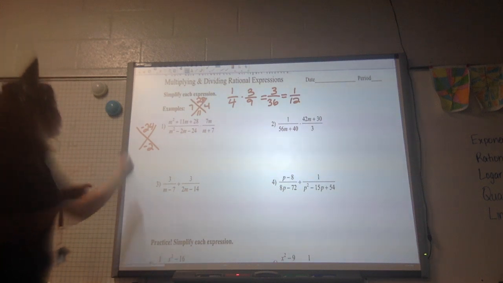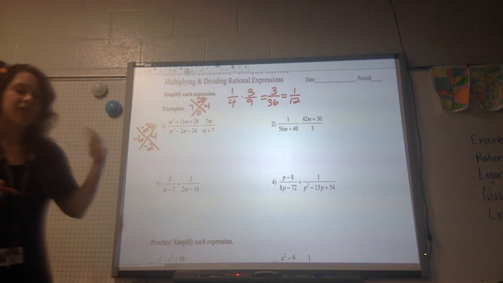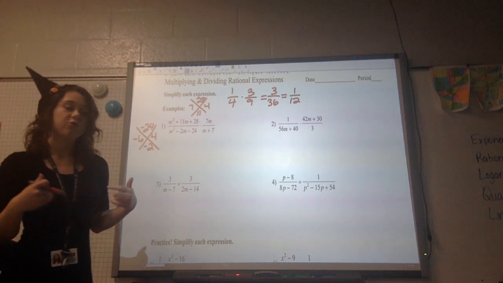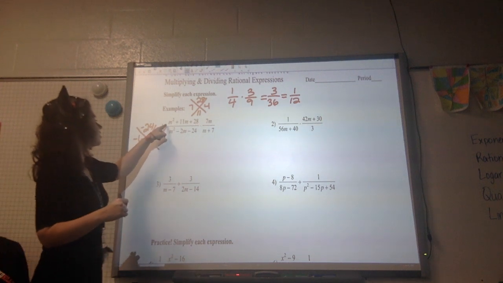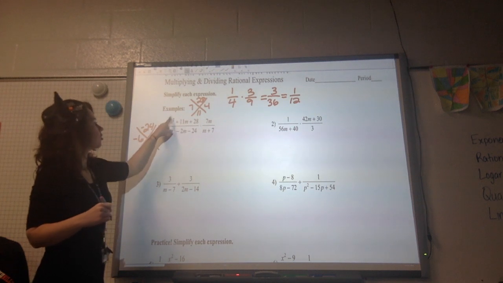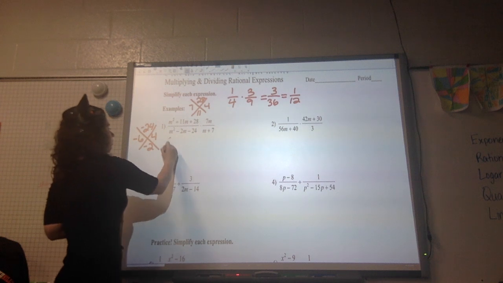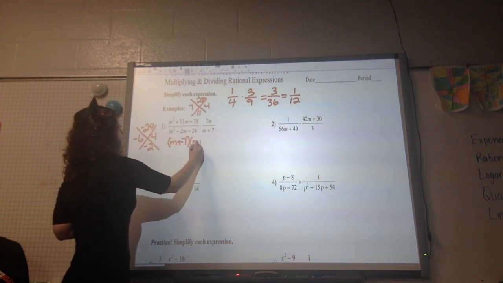And that would be negative 6 and 4. Now that I have factored my fraction on the left, all I'm going to do is rewrite it using the factors that I just got. So instead of writing all of this big long quadratic on the top, we know we got 7 and 4, so I'm going to rewrite it as m plus 7 and m plus 4.